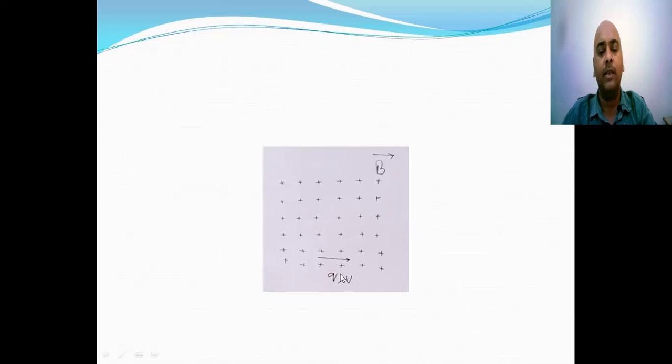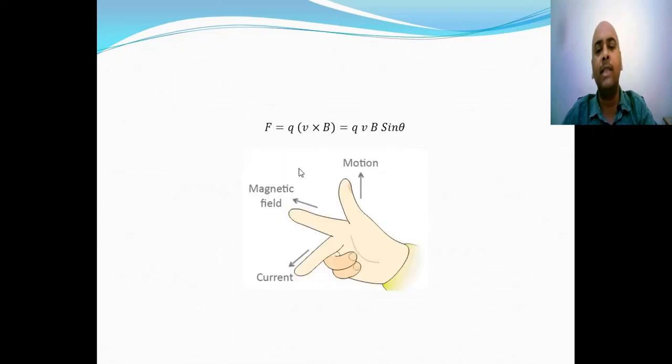A charge Q enters the magnetic field with linear velocity V. Whenever a charge enters a magnetic field with velocity V, it experiences a force given by F is equal to Q V cross B, where Q is the strength of the charge, V is the velocity of the charge, and B is the strength of the magnetic field.